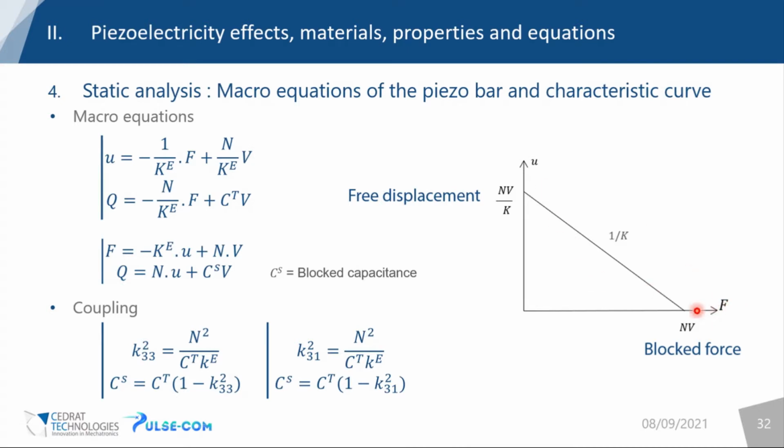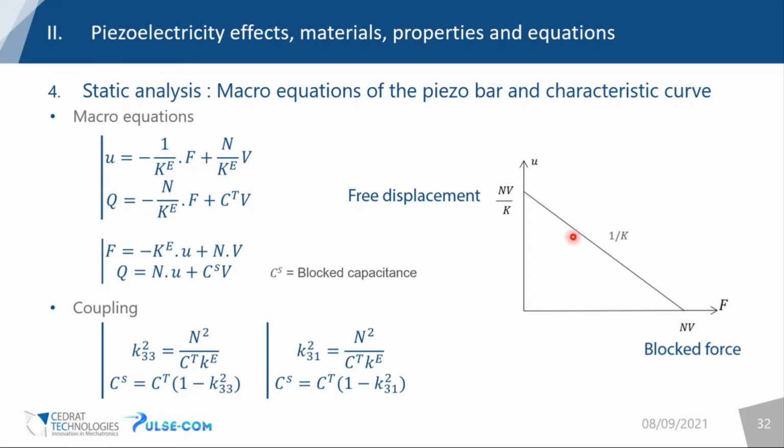So you have here the force that is generated by your piezoelectric element. Here is the displacement, and it is linked to the mechanical stiffness, which is here. Okay. When you have no displacement, so your piezo ceramic is totally blocked, it generates the maximum force onto your system.